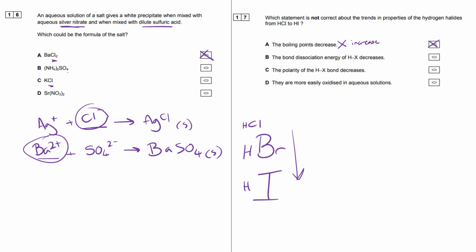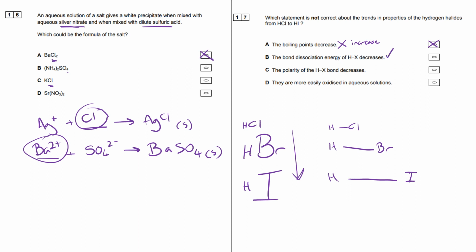Let's just go through answers B to D to eliminate those, make sure they are all correct. So does the bond dissociation energy decrease? Well, as you go down the group from HCl to HBr to HI, the atoms are getting larger, so there's a larger distance between the nuclei and the shared pair of electrons, and therefore it's going to be easier to break those bonds.